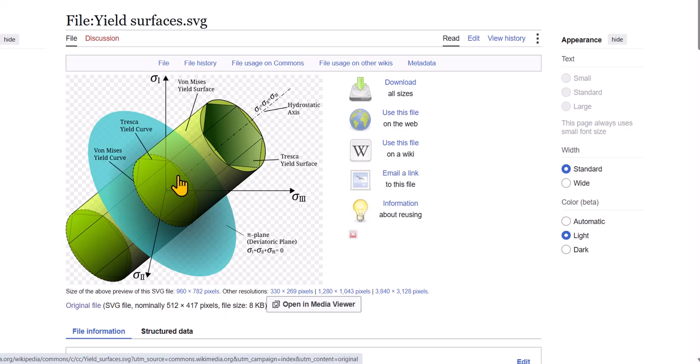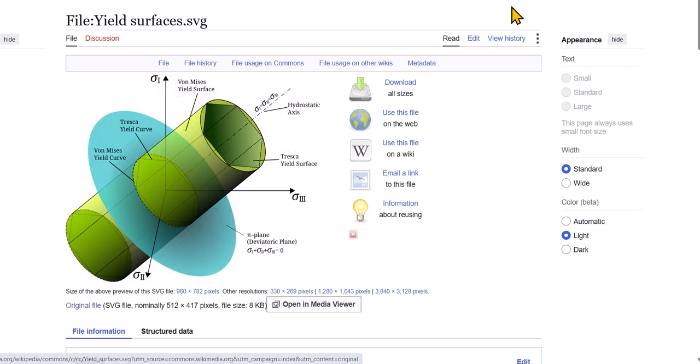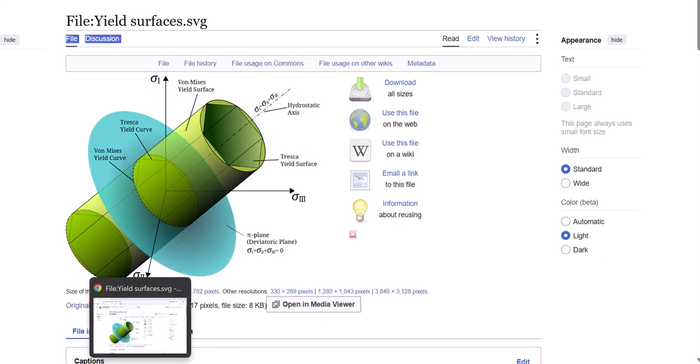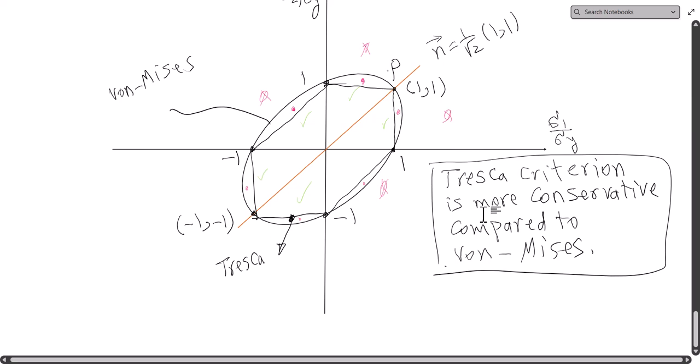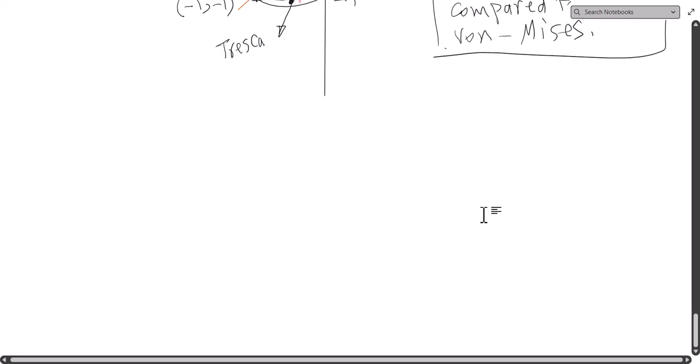Then this cylinder will become a cone, and that is not the von Mises yield criteria or failure criteria. That's a different one. That will complete the discussion for von Mises.